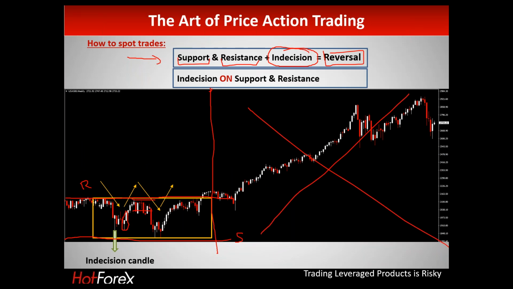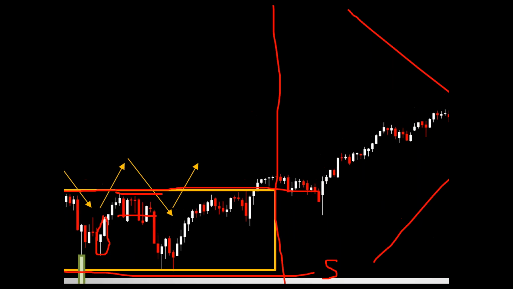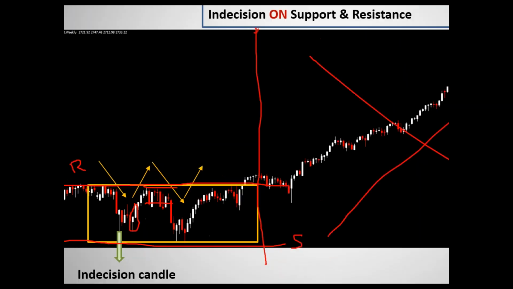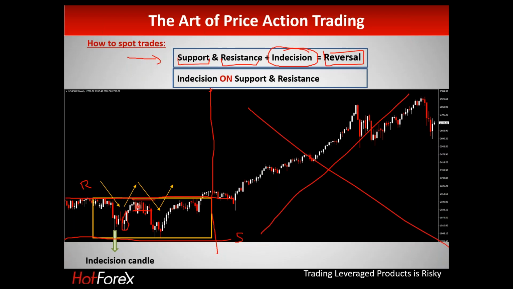It is stuck within this range, bouncing without any clear direction. Nonetheless, I can see a lot of indecision candles actually. I can see these two, that one, that one. Why? Look at that. Let me zoom a bit.